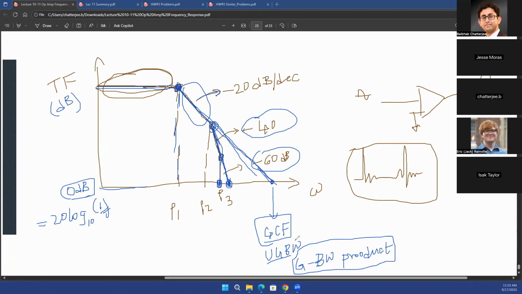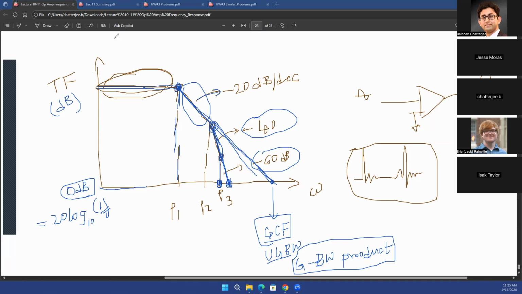But in your op-amp data sheet, you'll always see the gain bandwidth product, and they'll mention the gain bandwidth product is constant. That means you want your op-amp to be designed in a way that it has one single pole, and that's it. Right? When we actually design op-amps later in the class, we'll remember this, that we have to design an op-amp with one single pole. If there are multiple poles, it's not the correct design for the op-amp.